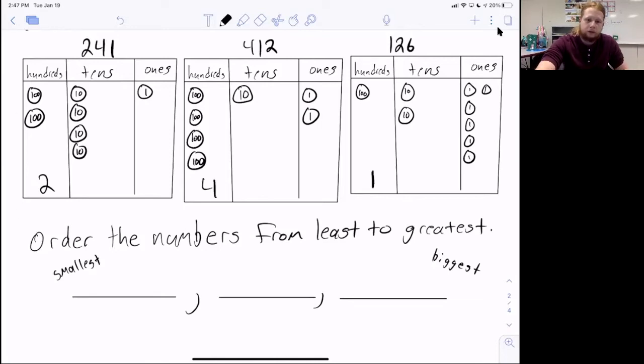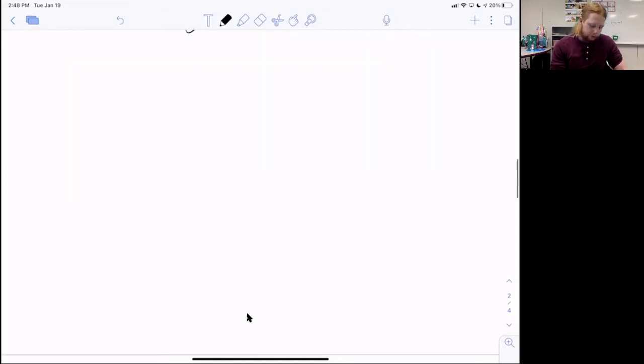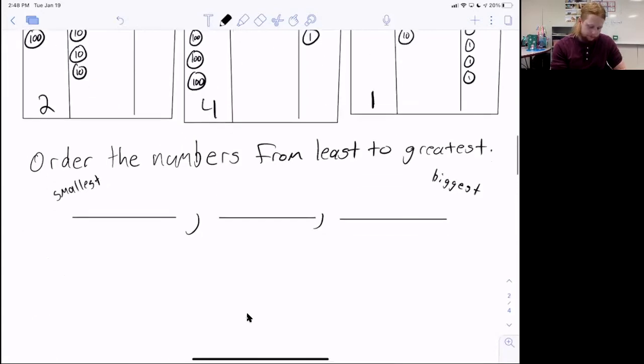This is because the numbers are different in the first column, the biggest column. So let's look at the smallest first, since it's saying from least to greatest. What is smallest? 241, which has a 2, 412, which has a 4, or 126, which has a 1? 126, because it has a 1.